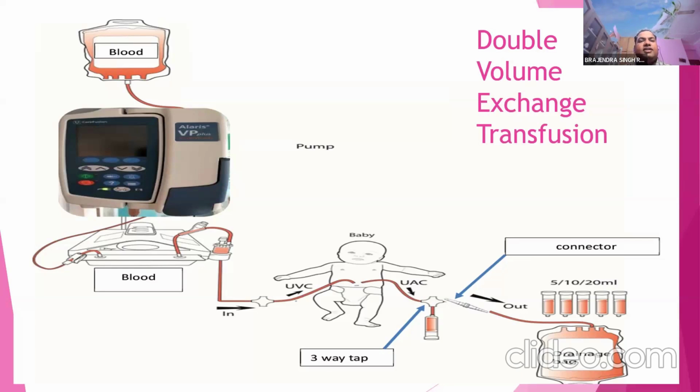You should arrange all the things. Today's slide discussion is just to ensure you are aware, so that you prepare automatically for this emergency procedure to help your NICU team and your doctors.